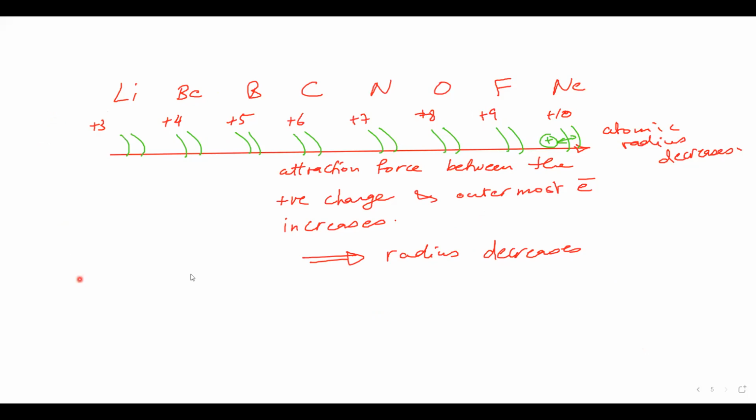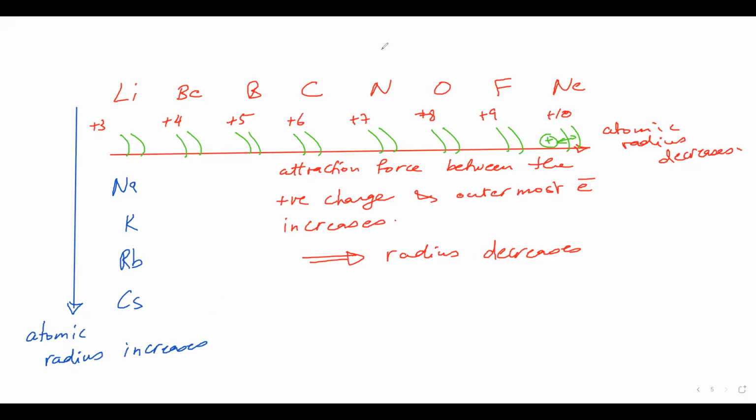So this is the trend in radii, that when we go down a group, we will find that the radius increases going down a group. For example, lithium, sodium, potassium, rubidium, cesium, or whenever we go down any group, we will see that the atomic radius increases, and that's because as we go down the group, the number of electrons increases, the number of shells filled increases, and so the atomic radius increases.